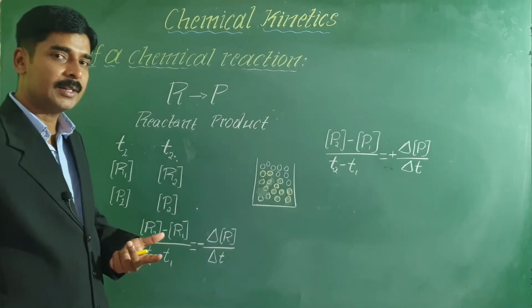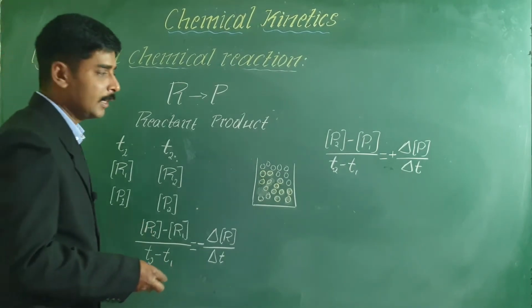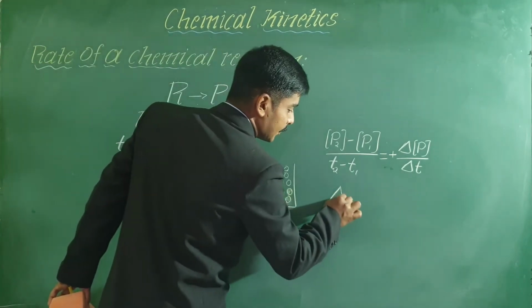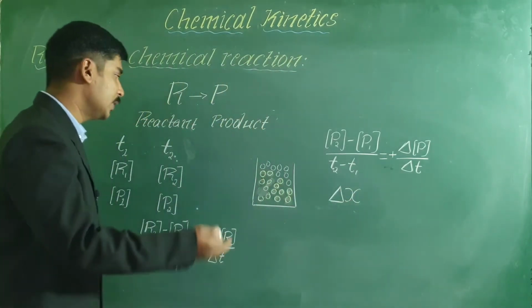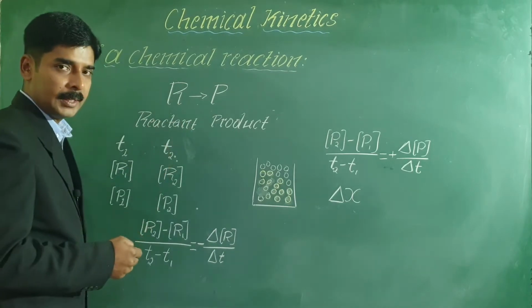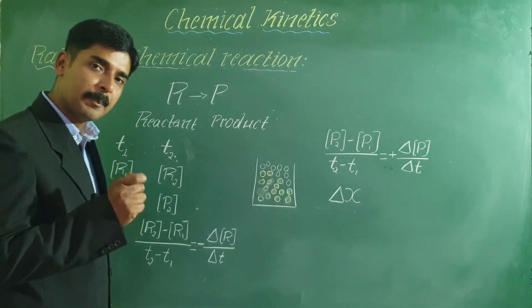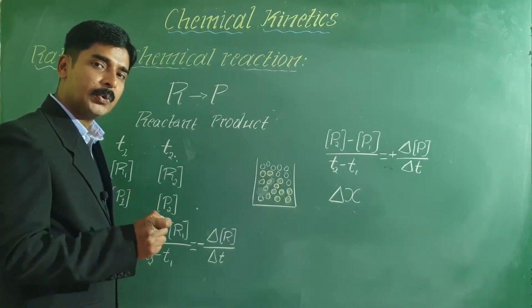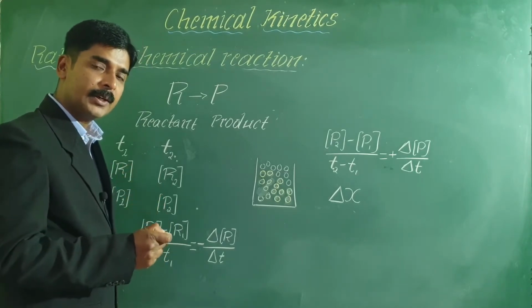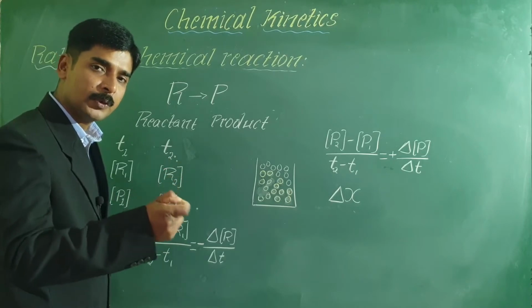In general, let us assume that delta X is the change in concentration of the reactant or product. Remember, you can measure the rate of a reaction with respect to any one of the reactants or with respect to any one of the products.